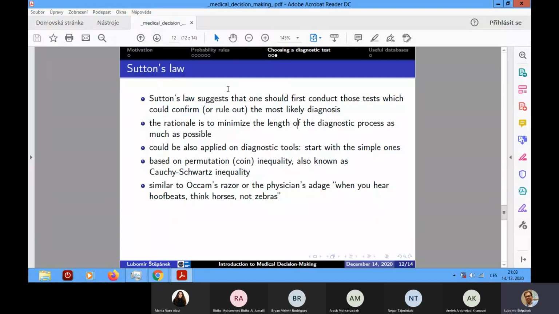And based on your experience, intuition, and on the results of, for example, biochemistry or just a blood test and so on, I believe that you can order these 4 diagnoses in decreasing order of the probability that the patient has the diagnosis.